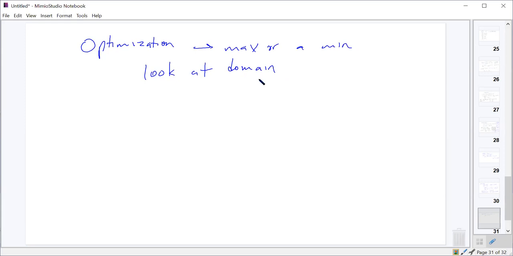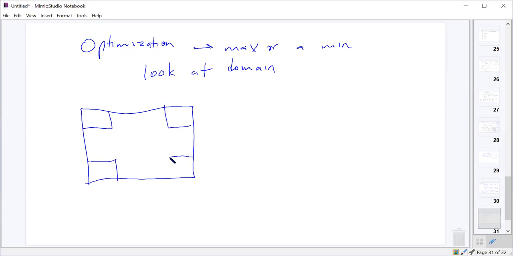So if it says we're taking a sheet of paper, say 9 by 12, or a photograph, and we're cutting off corners that are x units by x units, well, the largest value x could be is less than 4.5.